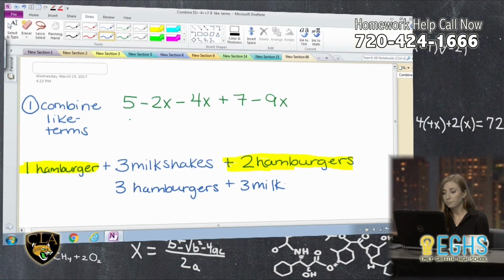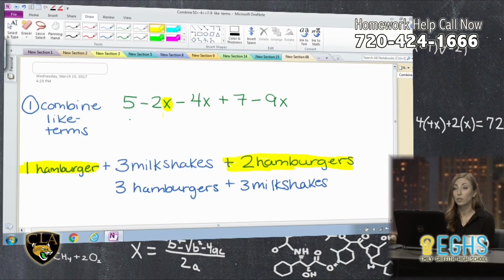When we're looking at algebraic expressions, if it has a variable and a power tagged to it, that's almost like its label, like milkshakes to hamburgers. Those are labels. So the labels on our coefficients are variables and powers, if you have powers.